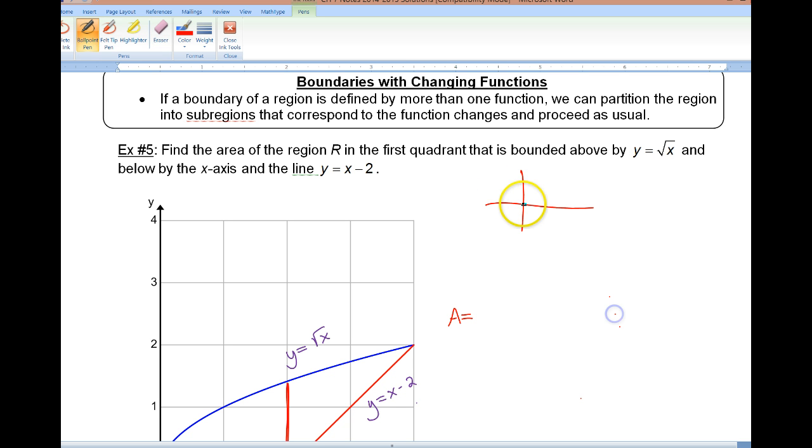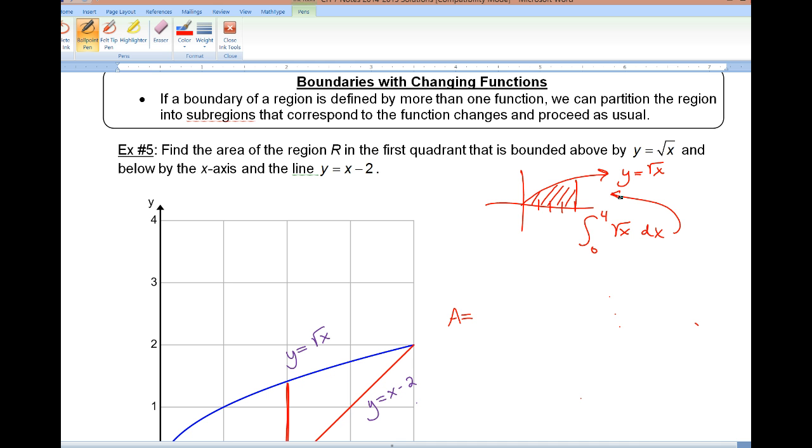Because here's y equals square root of x. So if I did from 0 to 4, this would be my region, correct? If I said what's the area under the curve, it would be the integral from 0 to 4 of square root of x dx. My graph goes from 0 to 4.